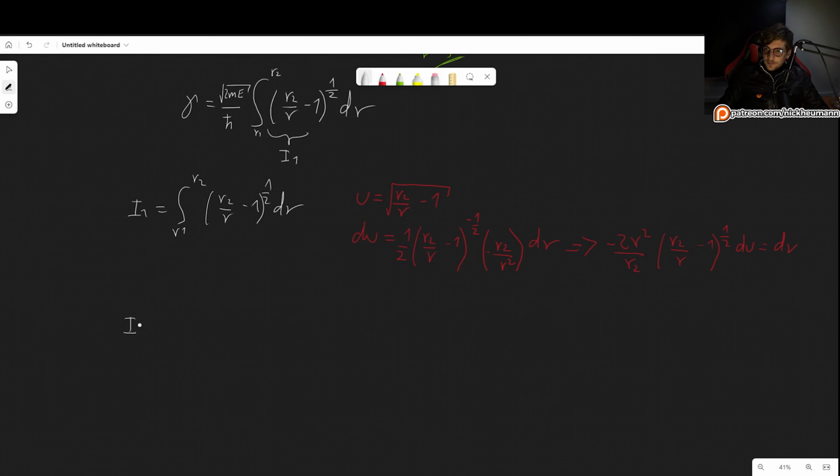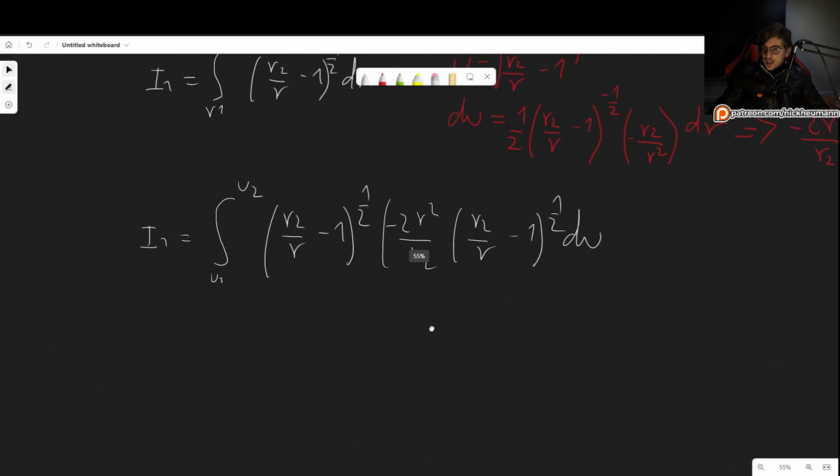So I1 will be the integral from u1 to u2, right? We need to change the limits of integration. And then we have this same thing, (r2 divided by r minus 1) to the 1/2. And now the dr, which is minus 2 r squared over r2 times (r2 over r minus 1) to the 1/2 du.